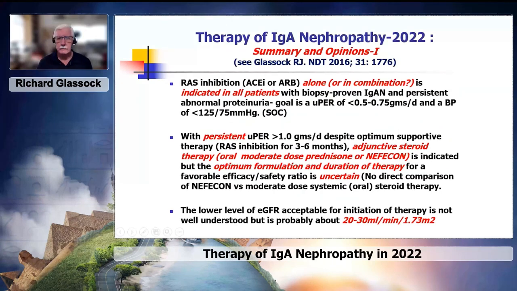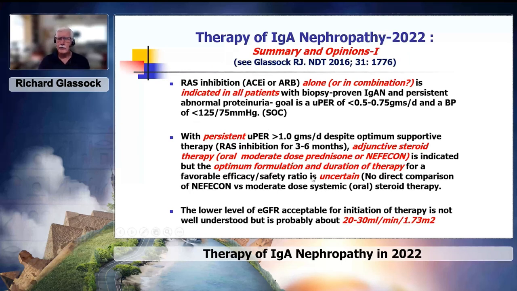So in summary, as of February 2022, there is general agreement that RAS inhibition alone, or perhaps in very exceptional cases in combination, is indicated in all patients with biopsy-proven IgA nephropathy with certain goals of proteinuria and blood pressure.